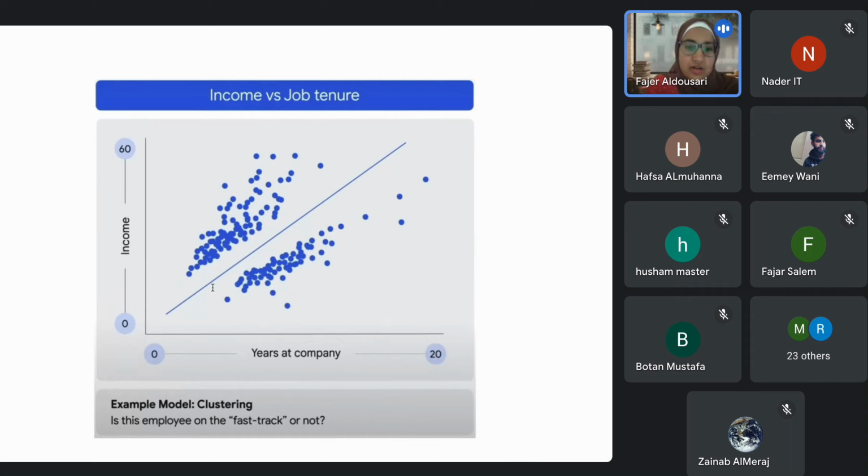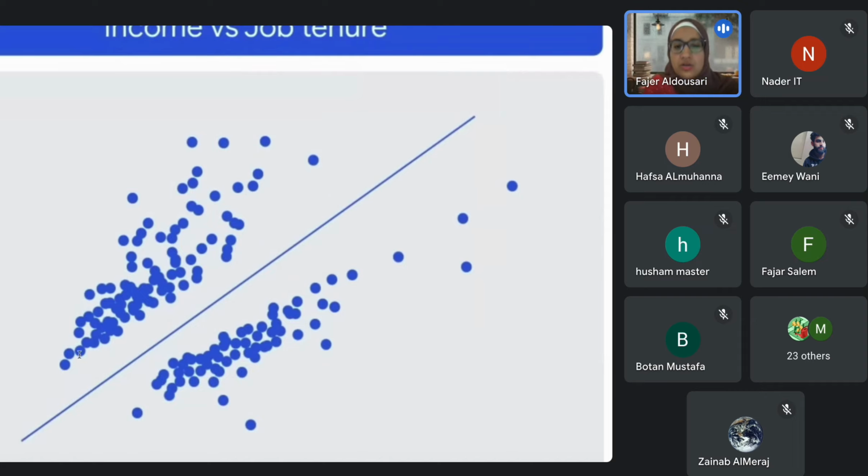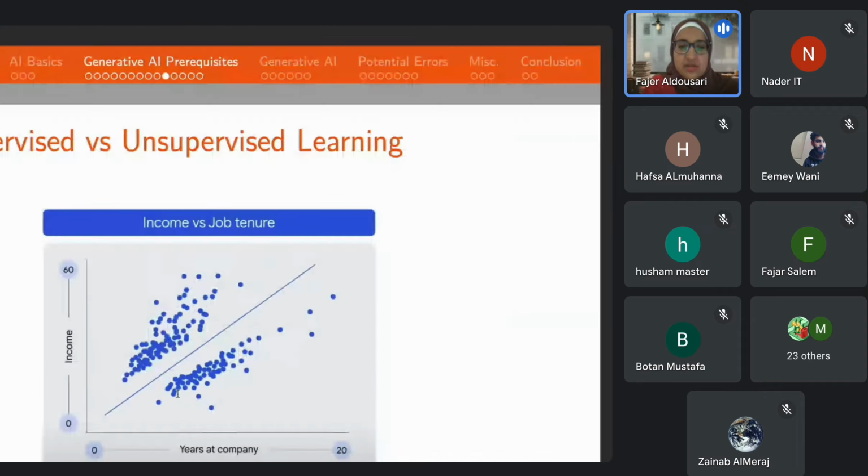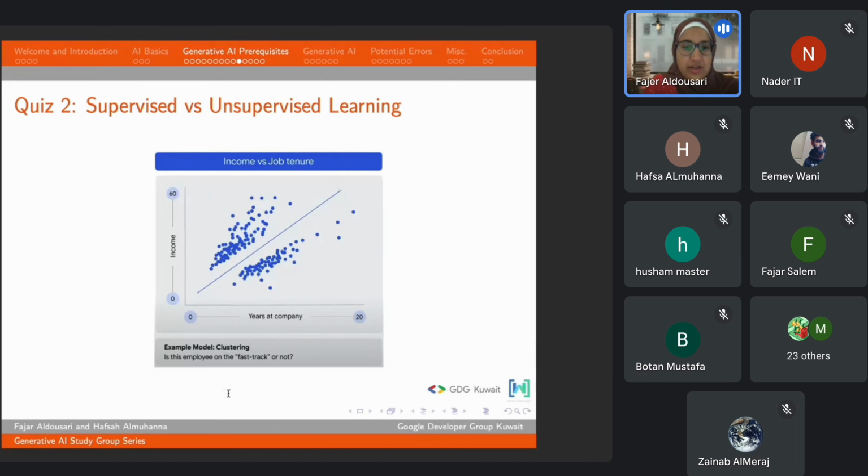As you can see, the algorithm is drawing a line between those two groups. It can see that those data points are closer to each other than those data points, and therefore there must be some sort of correlation between them. So this is clustering. It doesn't specify here what kind of clustering it is, whether it's k-means clustering or otherwise, but this is an example of clustering.